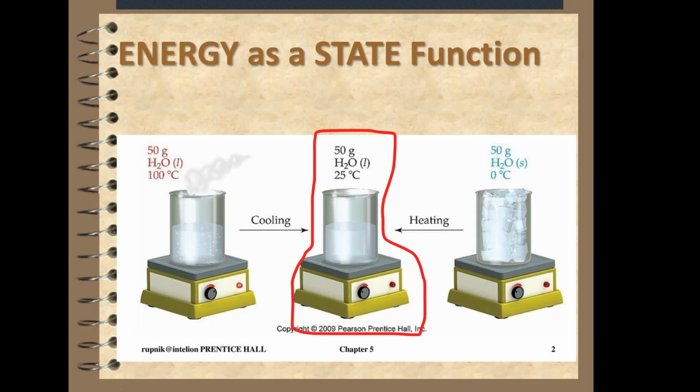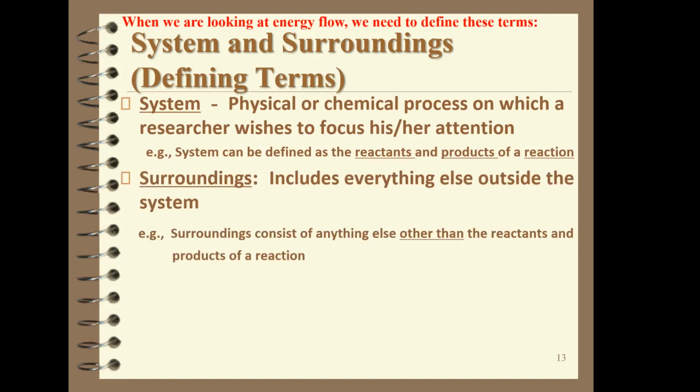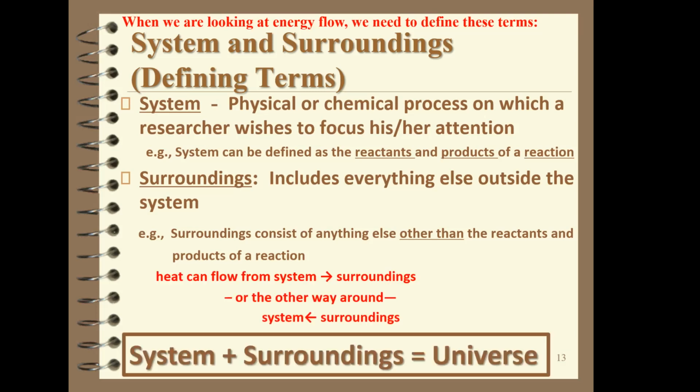Then we go to some more terms in our language of chemistry, but it's important. This whole idea of system, surroundings, and the universe. Here it is. So the system plus the surroundings equals the universe. System is the physical or chemical process that we're focusing on. Surroundings includes everything else outside the system.